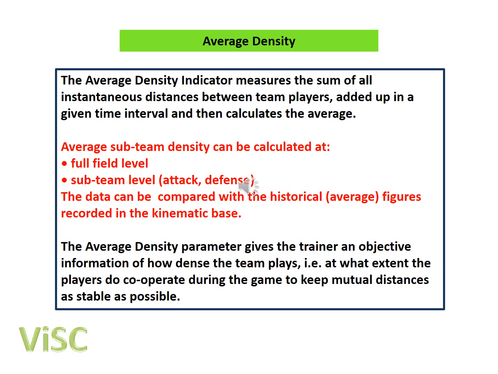The data can be compared with the historical average figures recorded in the kinematic base. The average density parameter gives the trainer objective information on how dense the team plays, that is, to what extent the players cooperate during the game to keep a mutual distance as stable as possible.